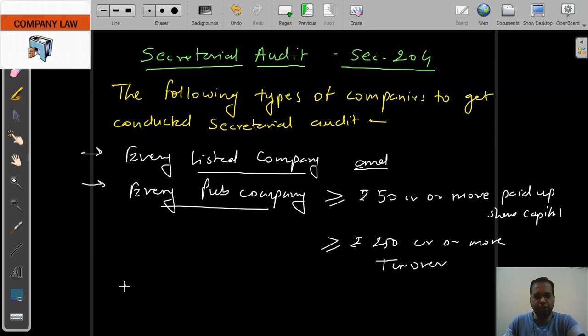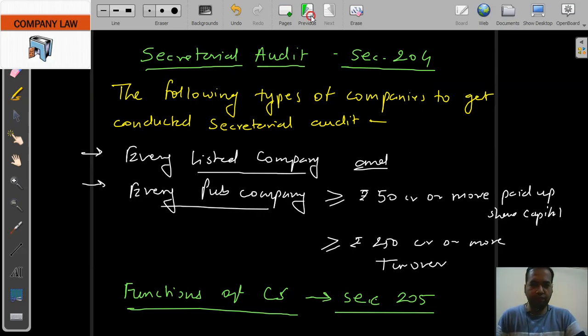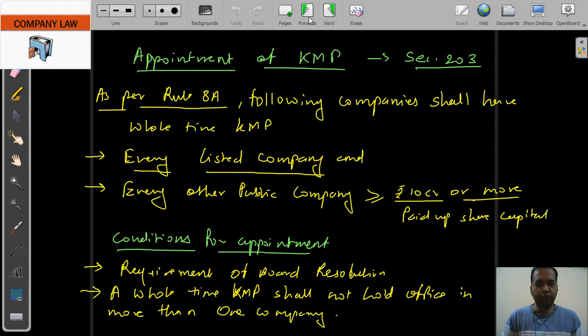And the last which we discussed, that is functions of company secretary as well, which are given under section 205, functions of company secretaries. Okay, so we have covered so many topics today.